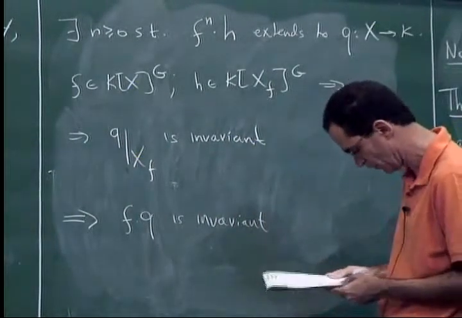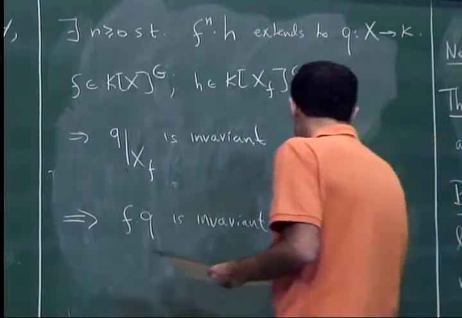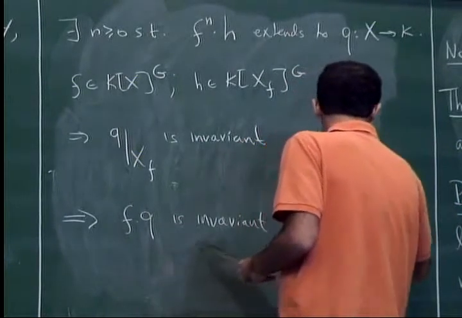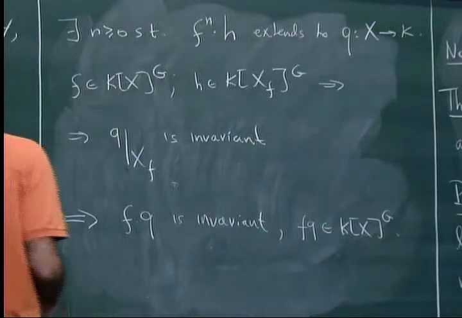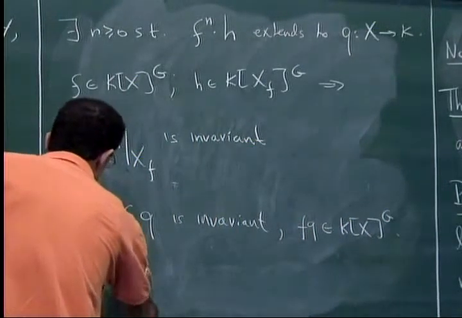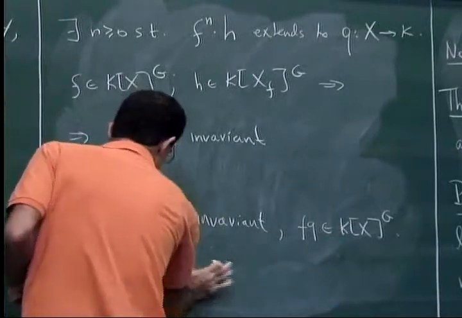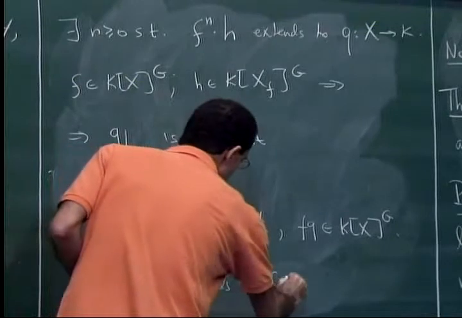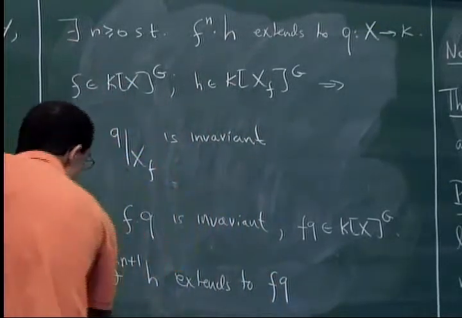But that's enough. And so that means that this FQ belongs to K[X]^G. And you see that F^(n+1) H extends to this FQ.